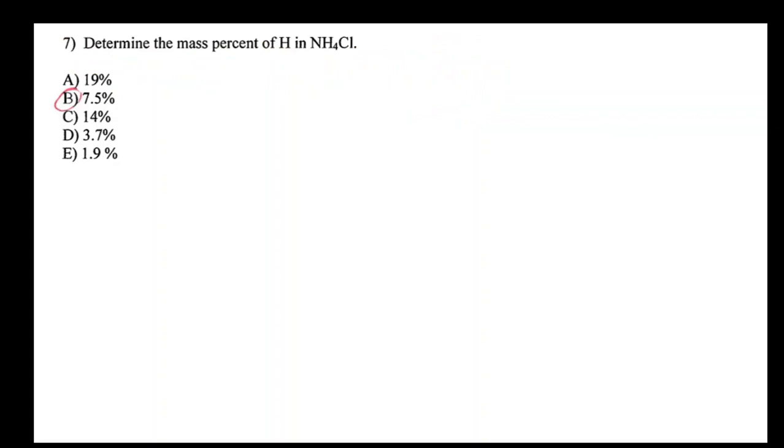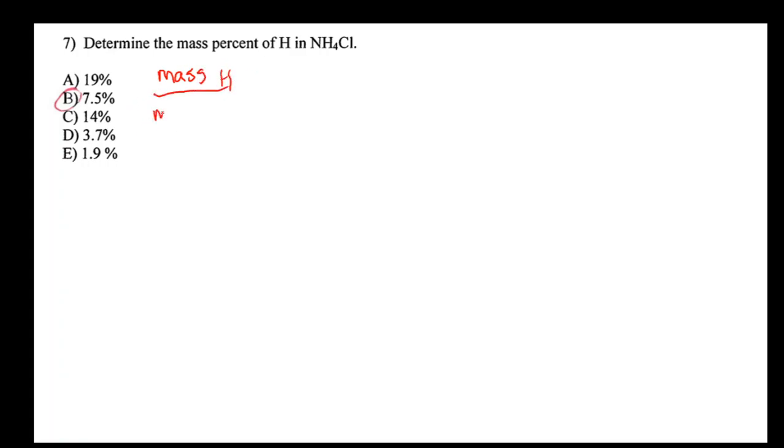So determine the mass percent of hydrogen in NH4Cl. So to do a mass percentage question, you essentially want to figure out the mass of hydrogen over the mass of the total molecule. So that's going to involve some calculating molar masses.